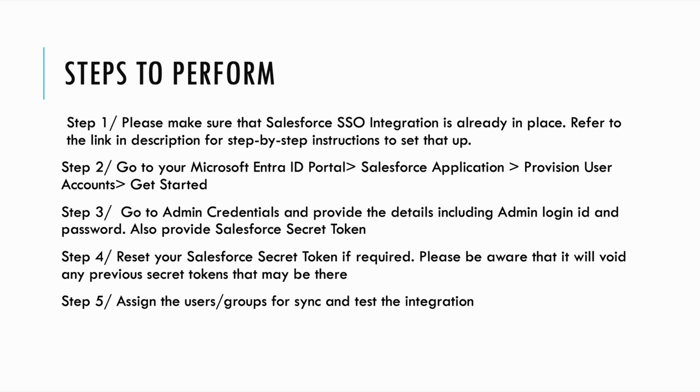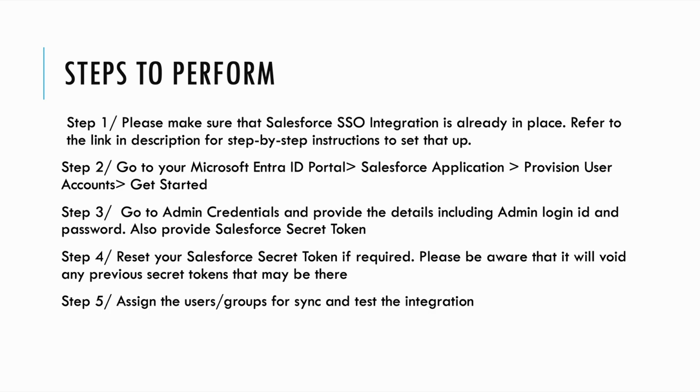We'll go to the Salesforce application, provision user account section, and there we'll go to the admin credentials section. That's basically step 3, and we'll provide the details for integration, including admin login ID, password, and Salesforce secret token. If you don't have access to your Salesforce secret token or you have not generated it yet, you can log into Salesforce and reset your secret token.